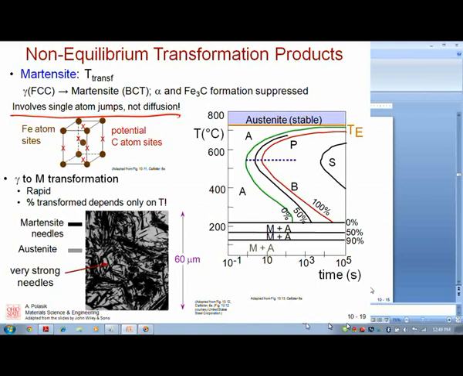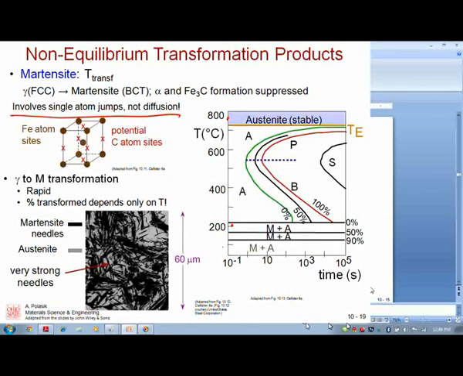Okay, so let's say we start from up here, like 750 degrees C, and we cool it down immediately to 200 degrees. What do we have? What 2 phases do we have now? There's no alpha and no cementite. We had some austenite that we started with, and now we have somewhere between 0 and 50, we'll say 25% martensite.